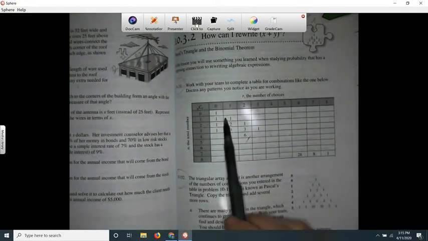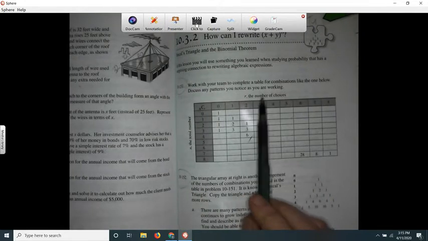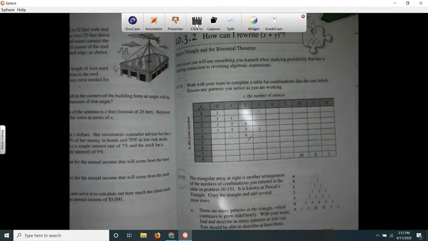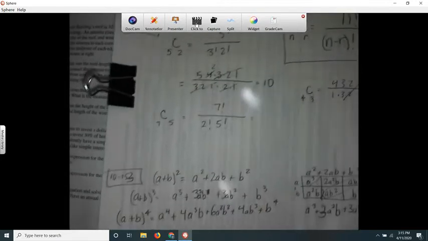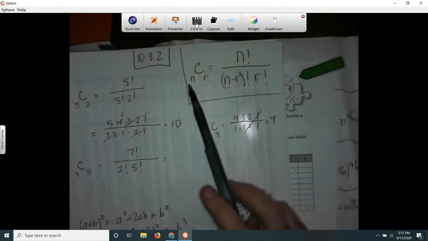It says n, the total number, r, the number of choices. So they want you to take combinations here. And if you remember, there's a formula for combinations. The combination of n things taken r at a time is n factorial over n minus r factorial times r factorial.